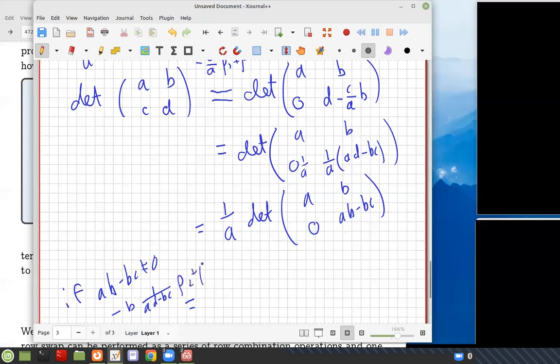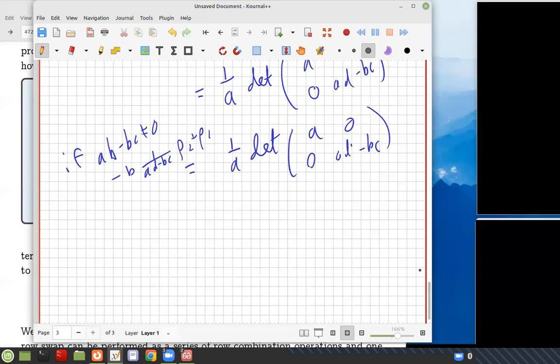times row 2 plus row 1, and that's going to produce 1 over A determinant of A, 0, 0, AD minus BC, okay?